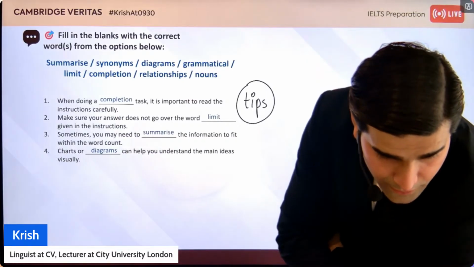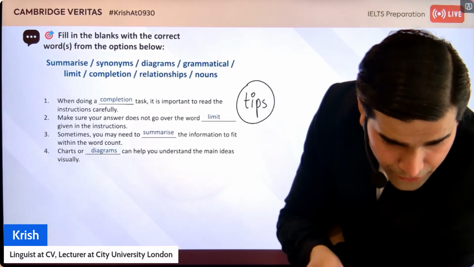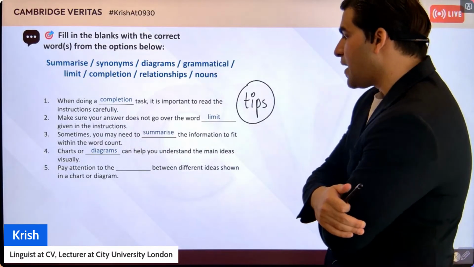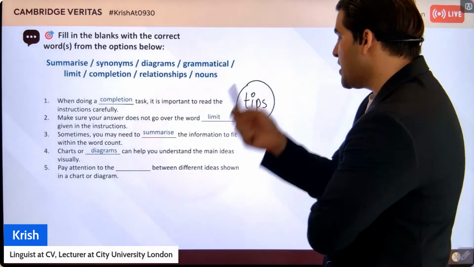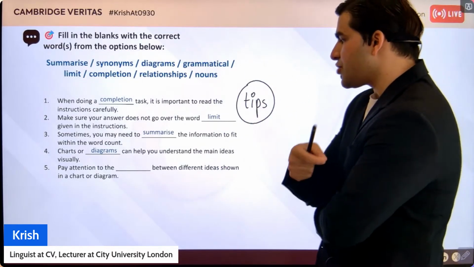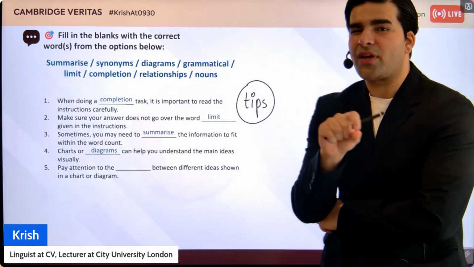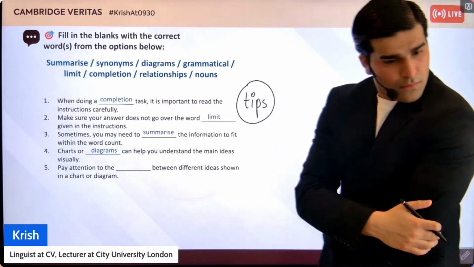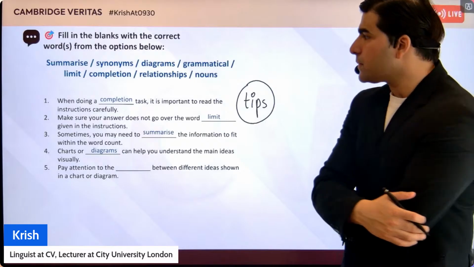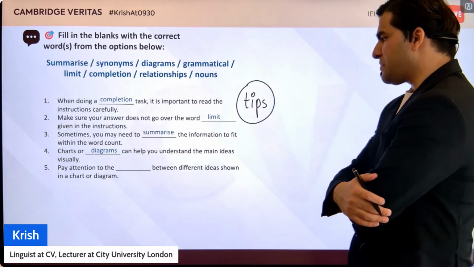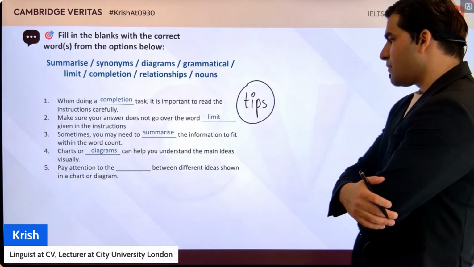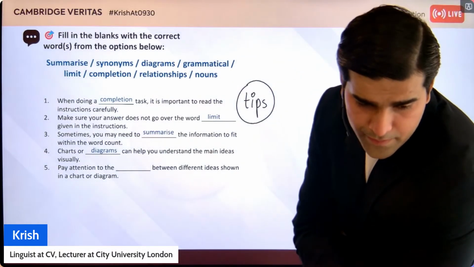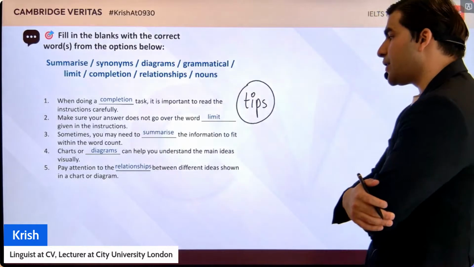Superb. Masroor, Priya, Varun, Sahana. Wonderful, guys. Number five, pay attention to the dash between different ideas shown in a chart or diagram. Pay attention to the what? Relationships. I think that's the answer, right? Relationships. Thank you.